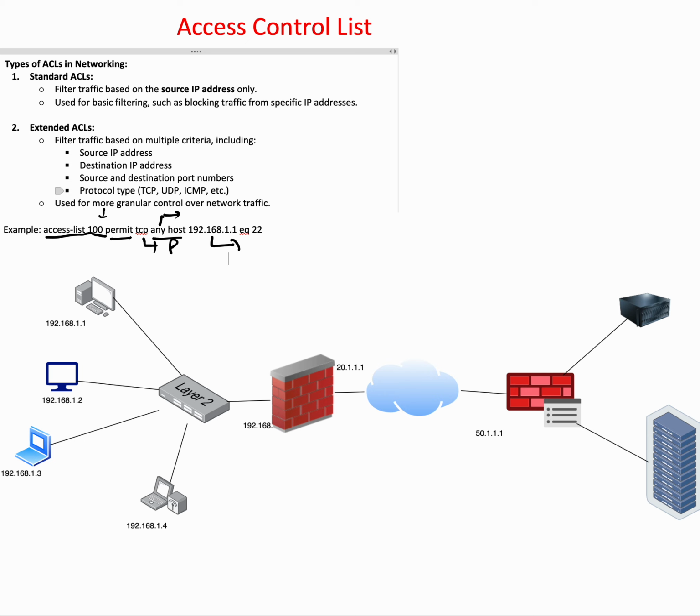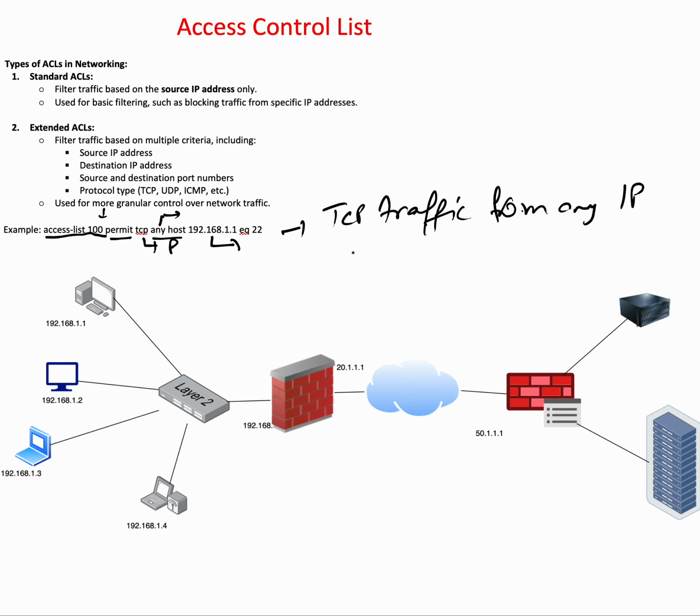From this we understand that this ACL rule will basically allow only TCP traffic from any source, from any IP, to destination IP address 192.168.1.1, and that is allowed on port 22.